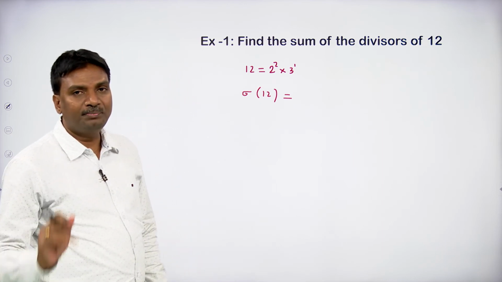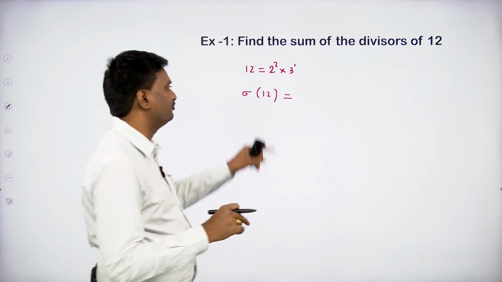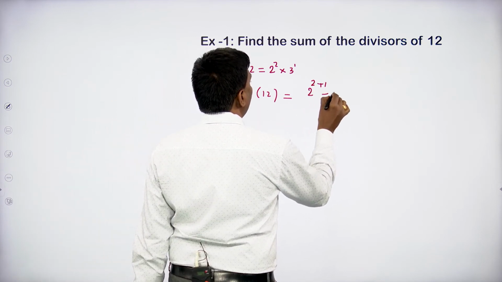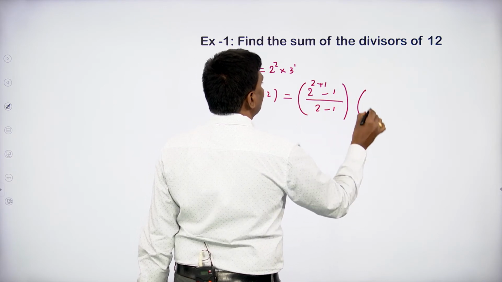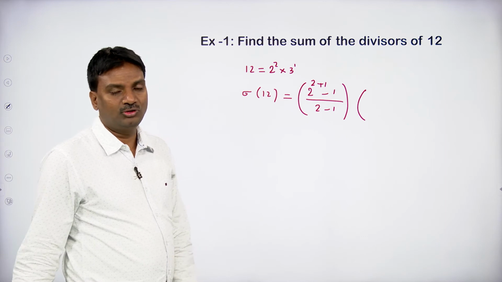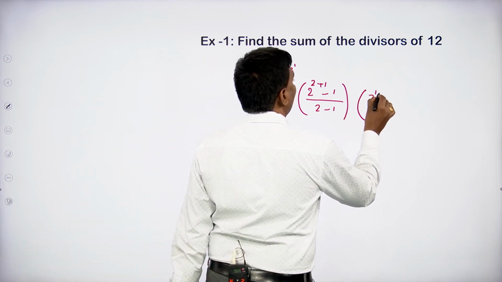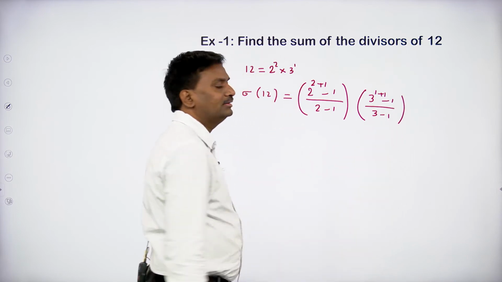The formula is P1 power alpha 1 plus 1 minus 1 by P1 minus 1. Here we have only two numbers: 2 power 2 plus 1 minus 1 by 2 minus 1, into next, P2 power alpha 2 plus 1, 3 power 1 plus 1 minus 1 by 3 minus 1.